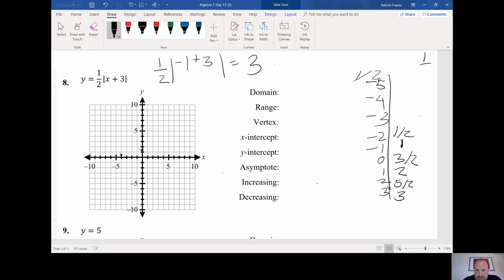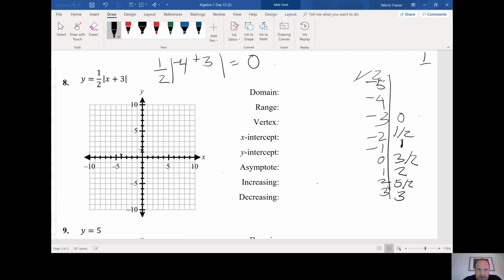And then -3 plus 3 is 0. 0 times 1/2 is still 0. And then -4. -4 plus 3 is -1.